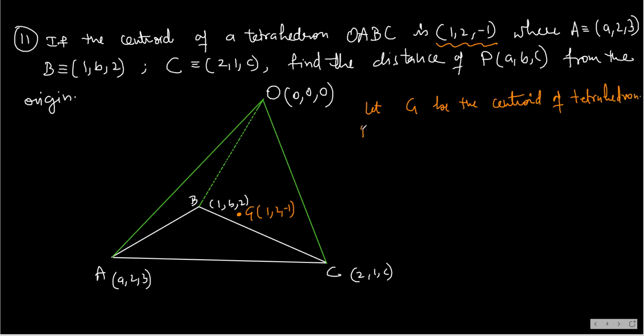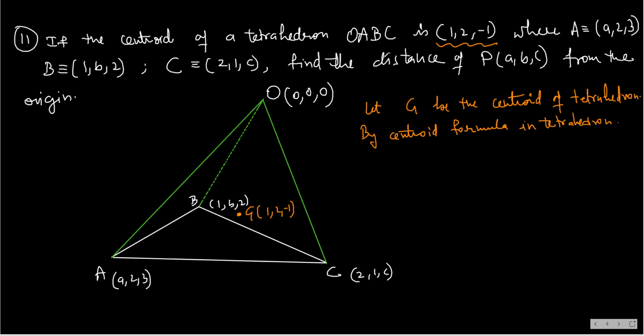By centroid formula in a tetrahedron, the x coordinate of the centroid is the sum of the x coordinates of all the four vertices divided by 4.